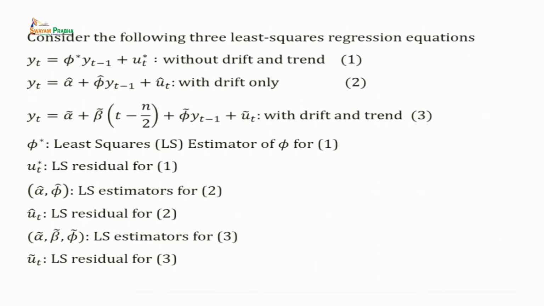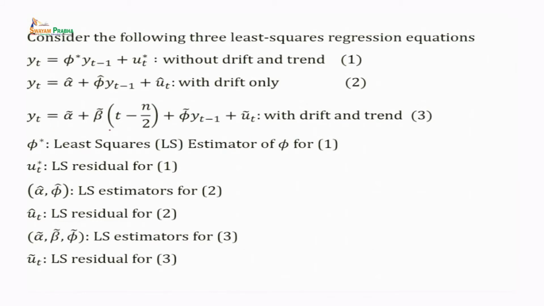This equation has only drift term, this alpha hat, and the third equation is y_t = alpha curl + beta curl (t - n/2) + phi curl y_{t-1} + u_t curl.